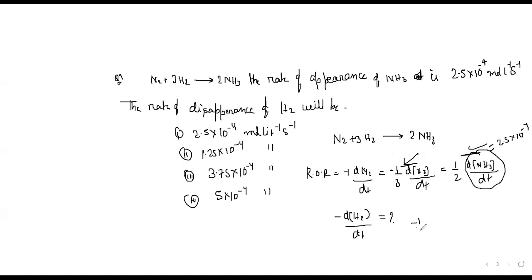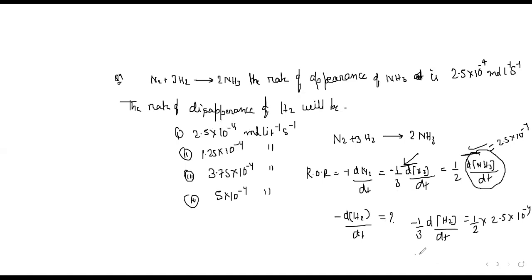This value will be minus 1 by 3 into dH2 by dt, equal to 1 by 2 into 2.5 into 10 to power minus 3. They are asking about the rate of disappearance of dH2 by dt.